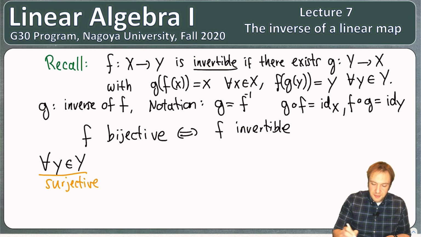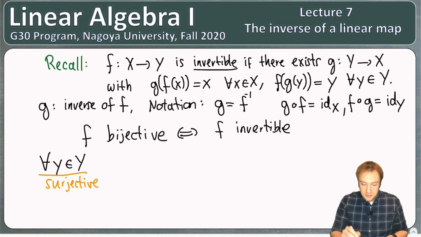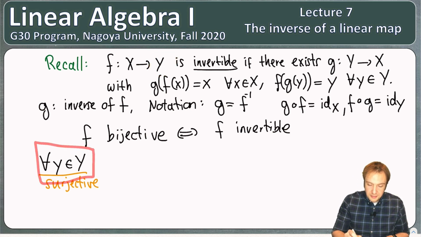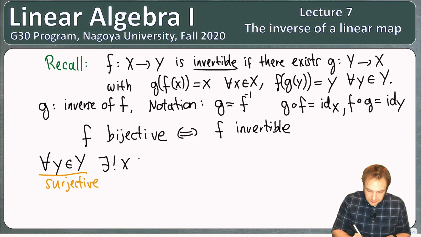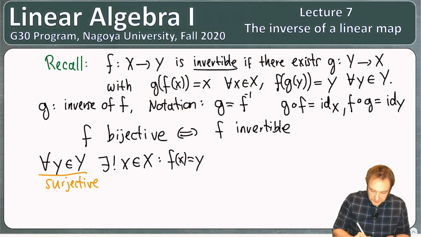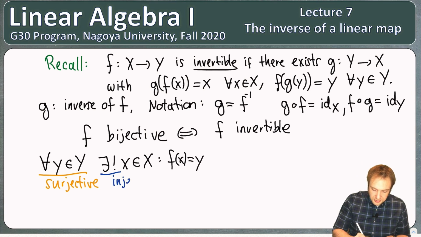So for every element in Y, so the image is Y, and therefore for every element there, I can find exactly one x. So this here means I can find exactly one x, a unique x in X, with the property that f of x equals y. And this here, that I can find exactly one x, this corresponds to the property injective.